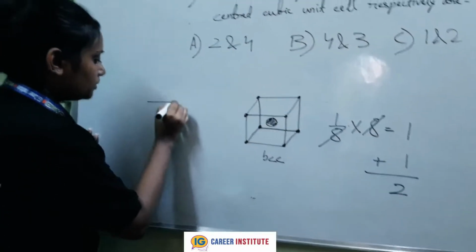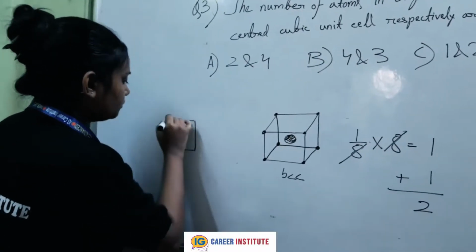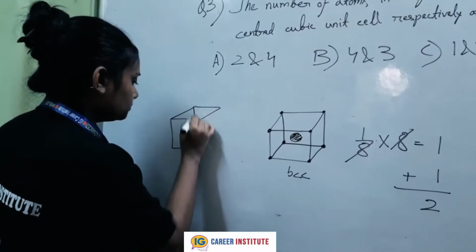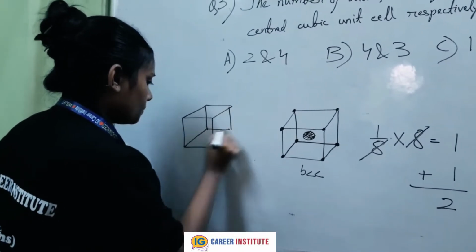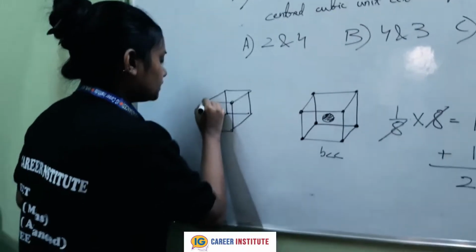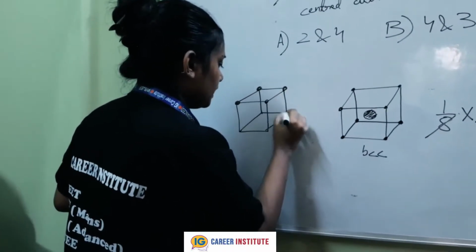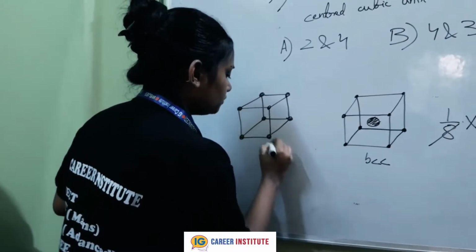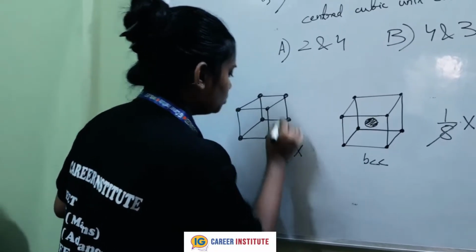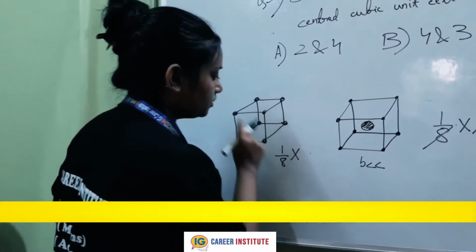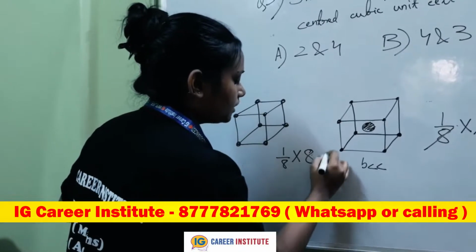Similarly, for the face-centered cube, for the primitive structure, that is for the 8 atoms present at the 8 corners, the contribution of each of these atoms will be 1 by 8 into the total number of atoms present at the 8 corners, which is 8, that equals 1.